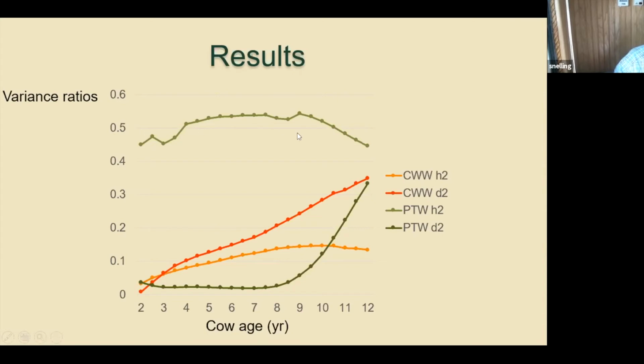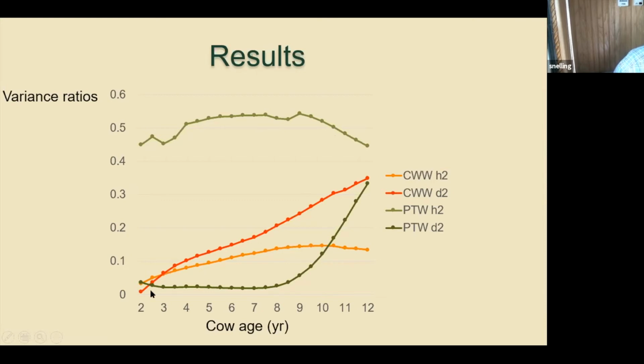The cow weight heritability is high and fairly constant, around 0.5. The weight weaned heritability is near zero at age 2 and increases with age up to about 0.15 around 8 to 10 years old.